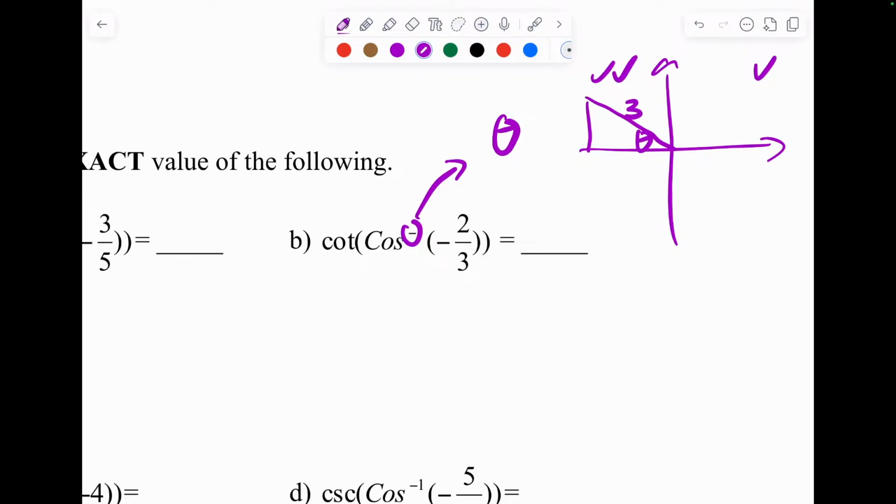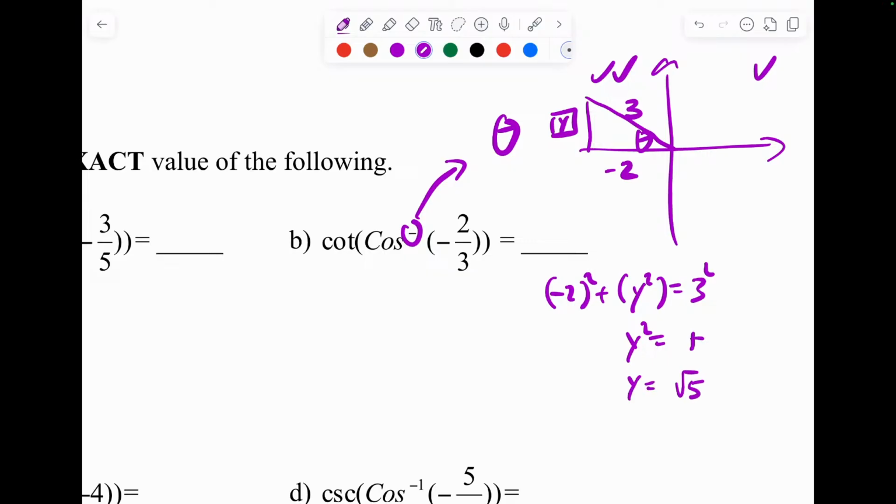This side is negative 2 because it's on the left side, so x has to be negative. You can figure out this side. We're going to call it y. So negative 2 squared plus y squared is equal to 3 squared. So y squared is equal to 5. y equals square root of 5. Is that okay?